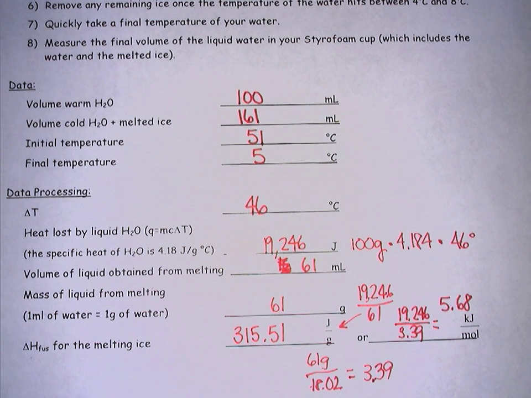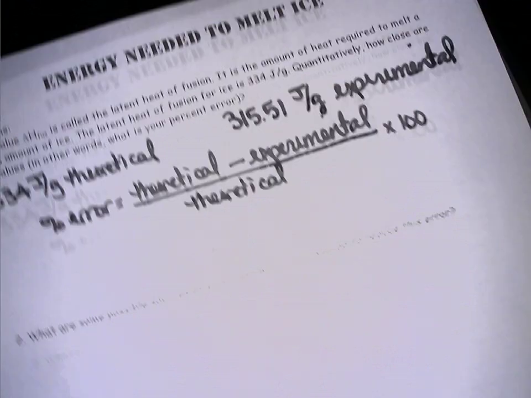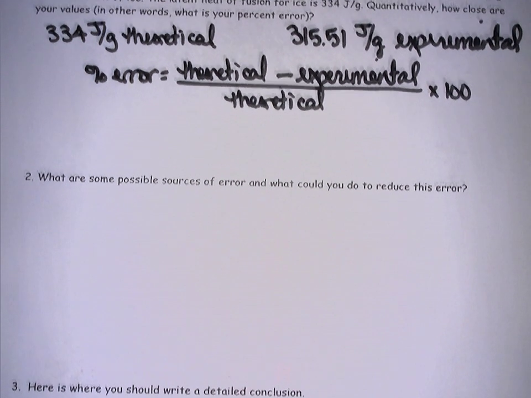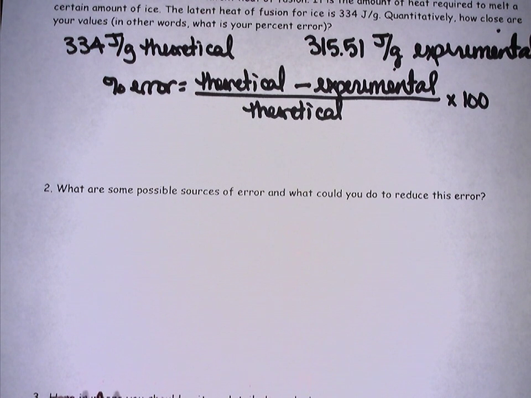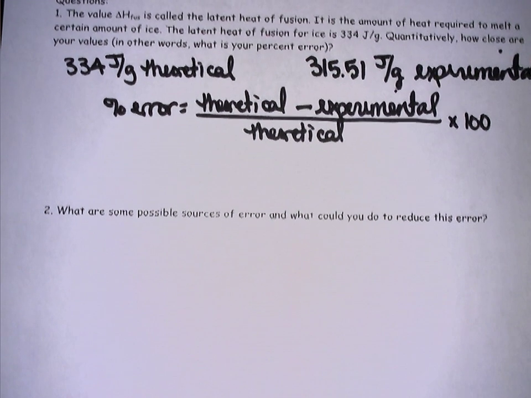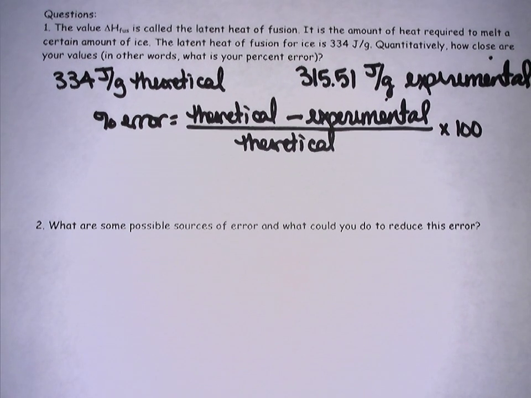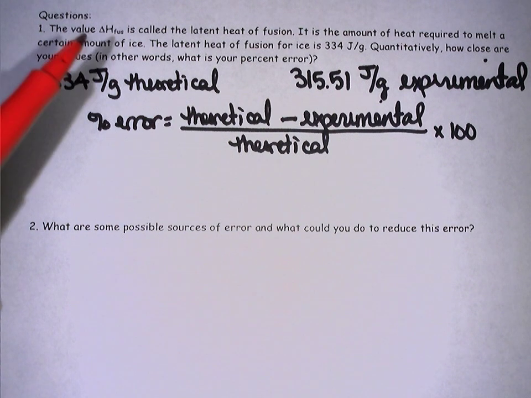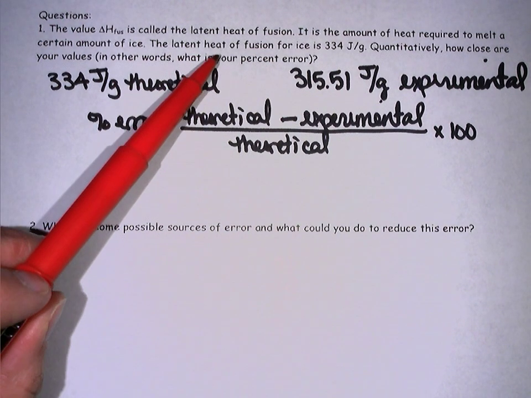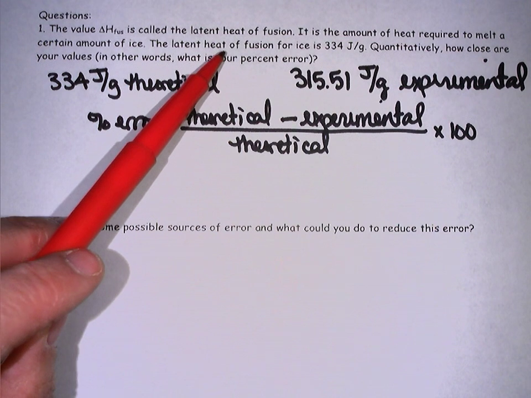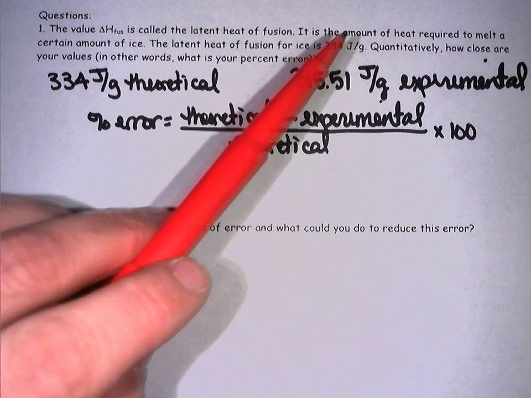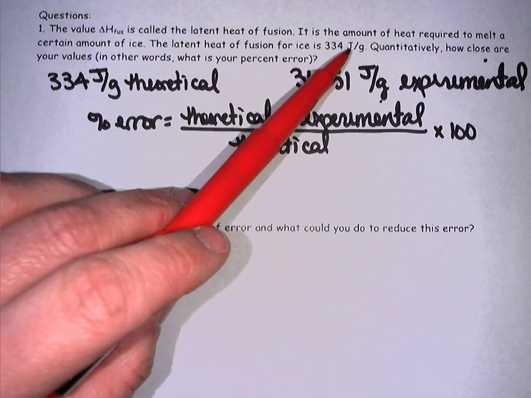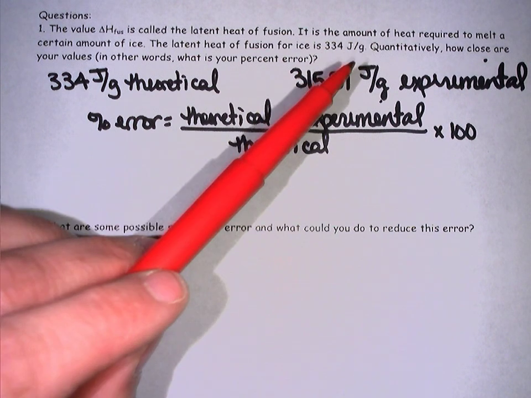If you flip to the back of your lab, the first question says the value for heat of fusion is called the latent heat of fusion, and we talked about that before break. It's the amount of heat required to melt a certain amount of ice. If we look up in a book or on the internet, the latent heat of fusion for ice is 334 joules per gram, which means that's how many joules it takes to melt 1 gram of ice.